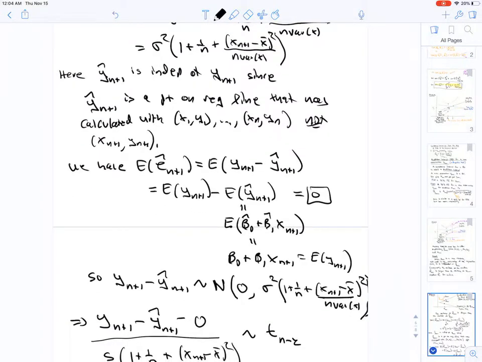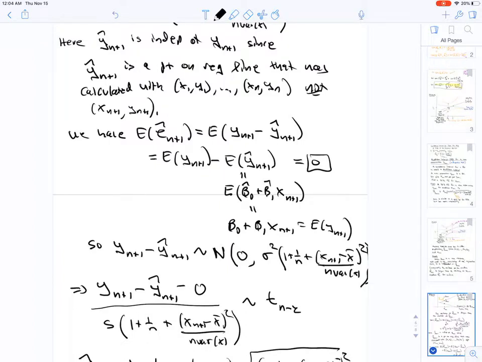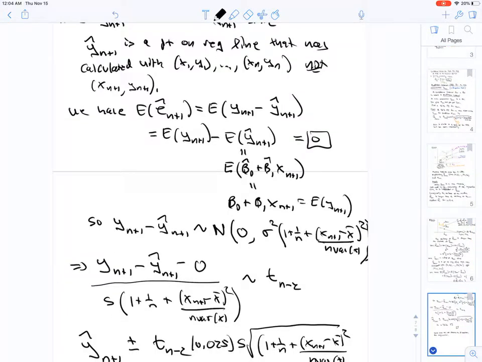And furthermore, we have the expectation of the residual here, e hat n plus 1, is 0. We calculate that and show that. So the residual is normal, and its mean is 0, and we've calculated its variance.